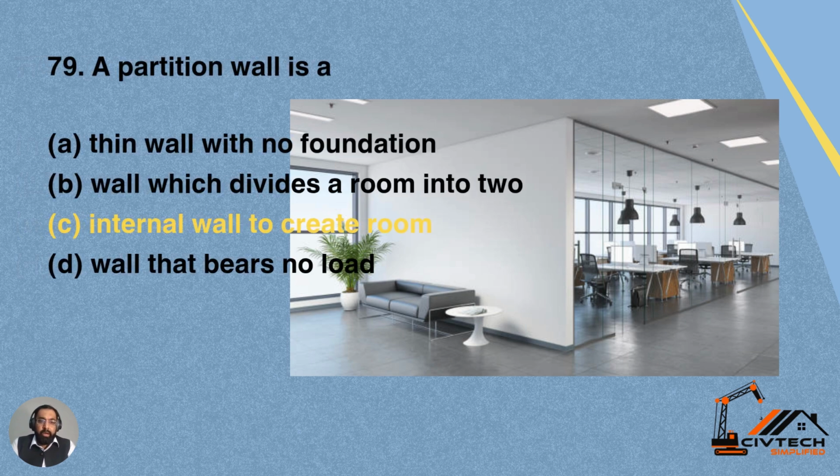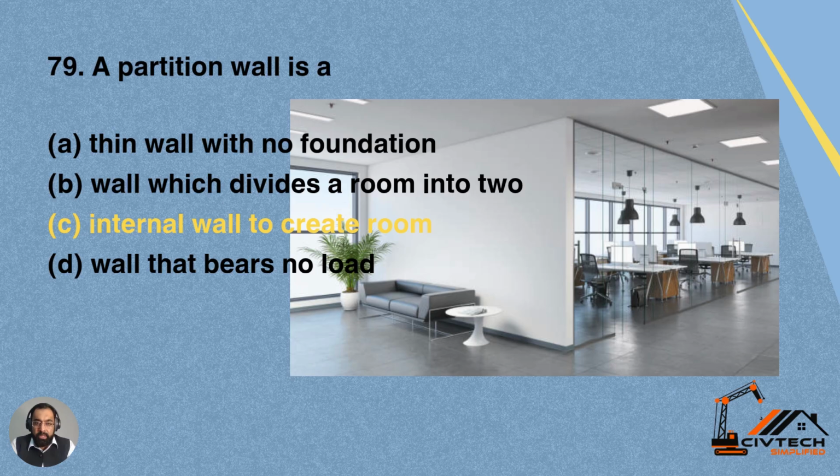Then we have another question, 79. A partition wall, what is a partition wall? You must have witnessed such walls in the interior of a house or a building. Option A is thin wall with no foundations. B, wall which divides a room into two. C, internal wall to create a room. D, wall that bears no load.